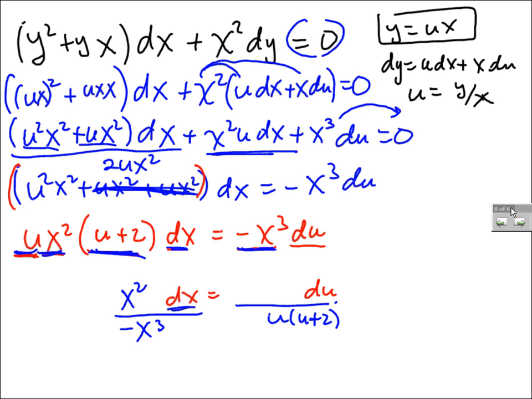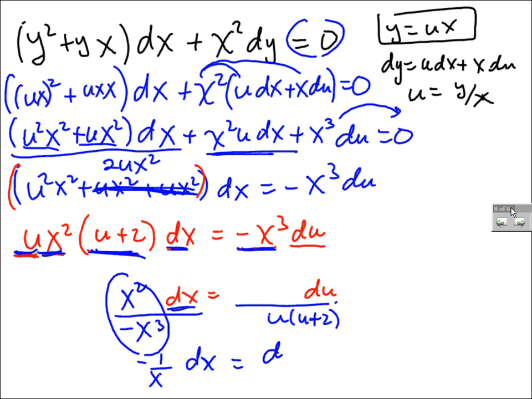Okay, let's do a little long division, or do some division. That becomes negative 1 over x dx. And it's real simple to lose that minus sign, so let's try not to.